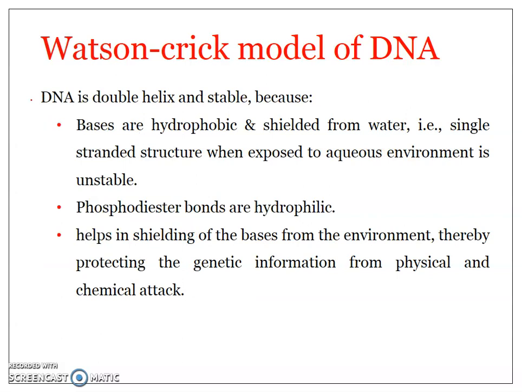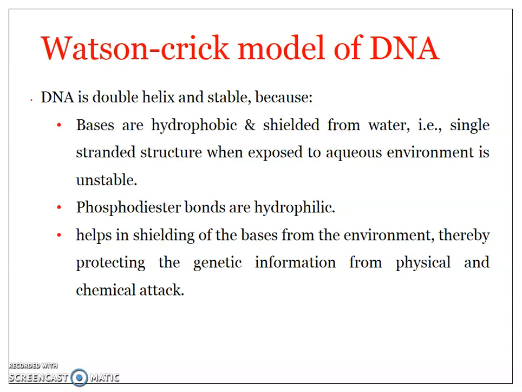Now, what makes the double helix stable? What makes the DNA double helical, and why is it stable? The bases are hydrophobic and they are shielded from water because they are placed internally, and the two chain backbones have phosphodiester bonds between sugars.